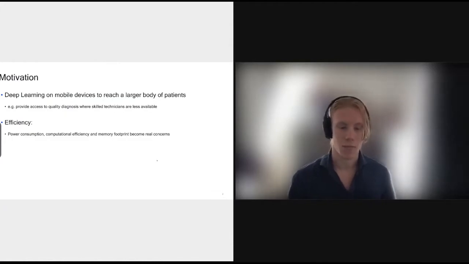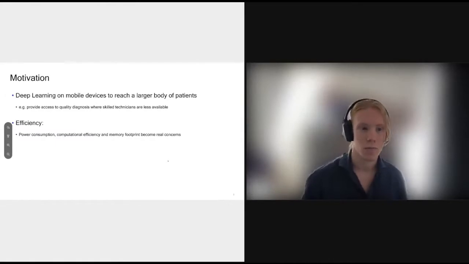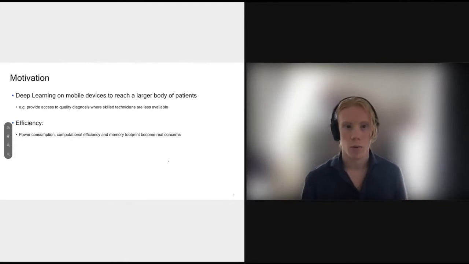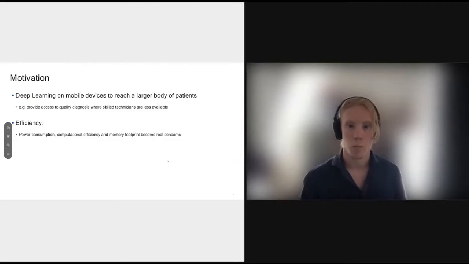This is nice, but deploying deep learning solutions on mobile devices often introduces a number of challenges related to power consumption, computational efficiency, and memory efficiency. Additionally, in medical imaging, labeled data is often expensive to gather, so it's not as available as we would need to train big deep learning models.